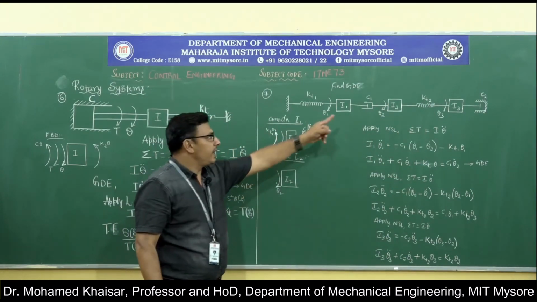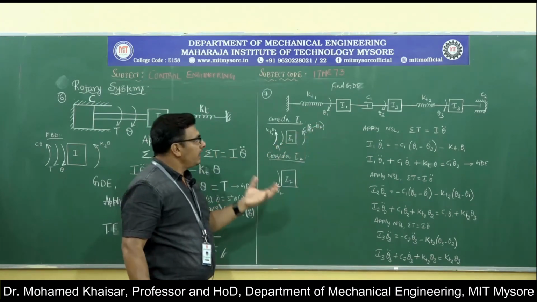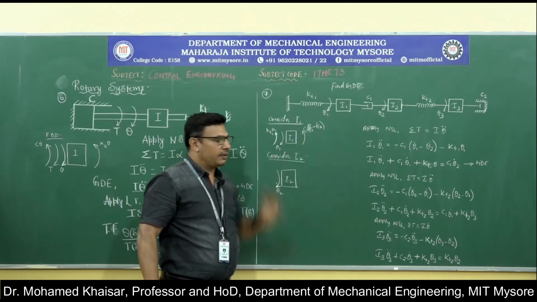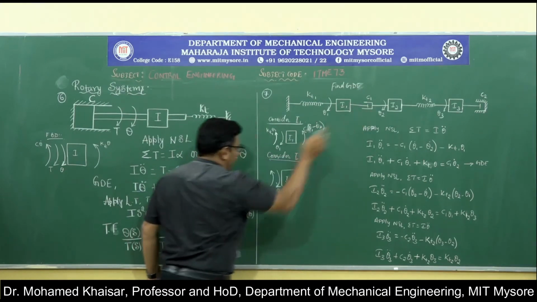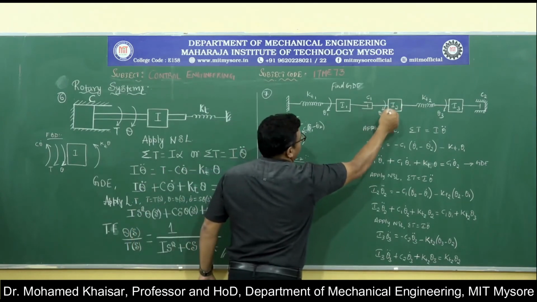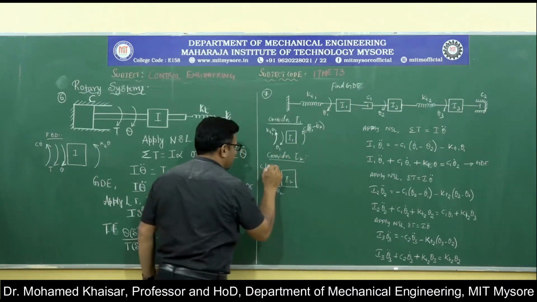Those two, the damper C1 as well as the spring with stiffness Kt2, will try to resist the movement of I2 in the direction of theta 2. So the damper C1 will offer the resisting component C1 into theta 2 dot minus theta 1 dot.